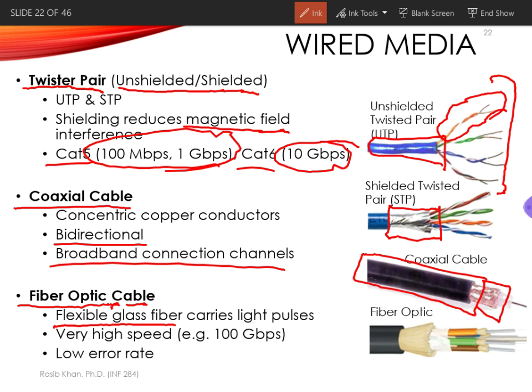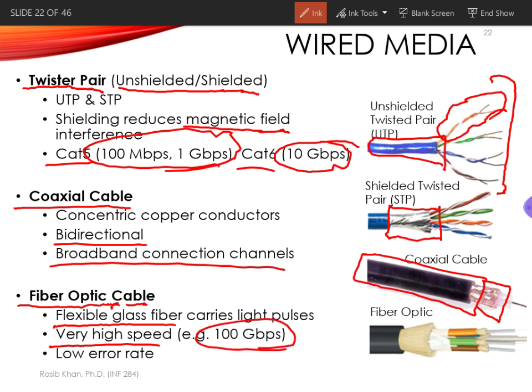The light signals pass through these flexible glass fibers and are interpreted as signals which can be referred to as zeros and ones. They can allow very high-speed connections up to 100 gigabits per second.